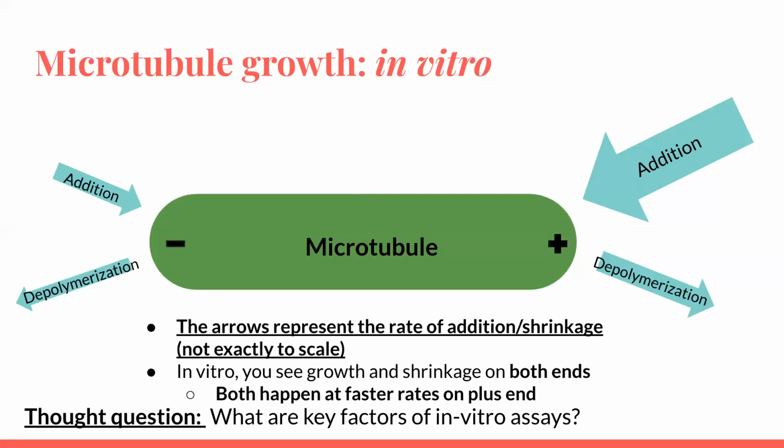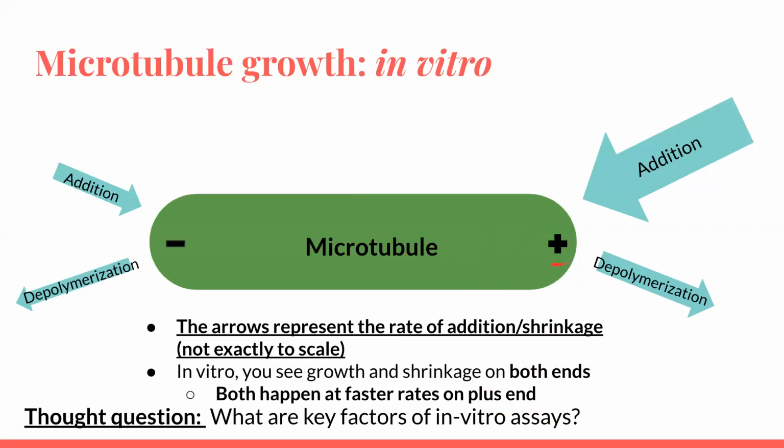Yep, exactly. So in vitro, there is a limited number of tubulin, the things that get added to the microtubule, and there's also a limited number of GTP. If you remember from what Rachel was talking about, tubulin needs to be bound to GTP in order to add to the microtubule.